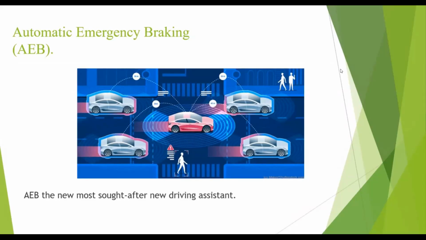The image we have here depicts how the sensors work for the automatic emergency braking system. We can see that there are sensors surrounding the whole car in the center that is able to sense the 4 cars around it, also the pedestrians that are crossing the street as well. New automatic emergency braking systems are able to sense when a vehicle is approaching a red light and the driver has not started to brake or slow down.